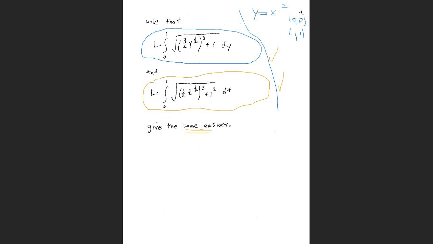If you want the parameter to equal t, what would you do? Here's what I'm trying to say.